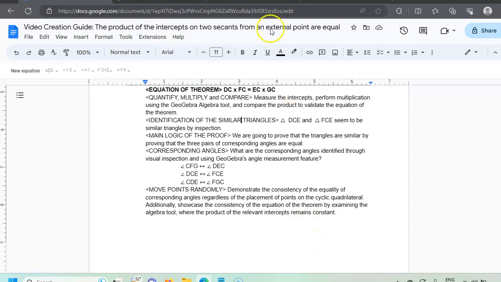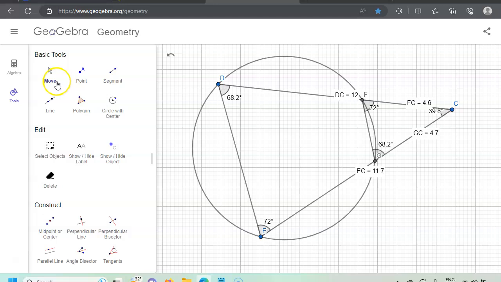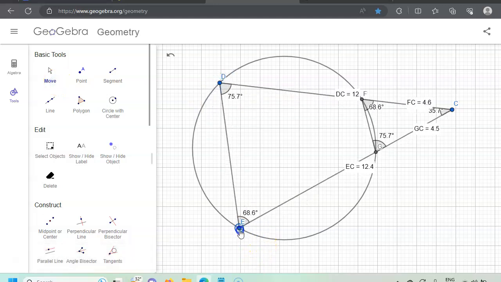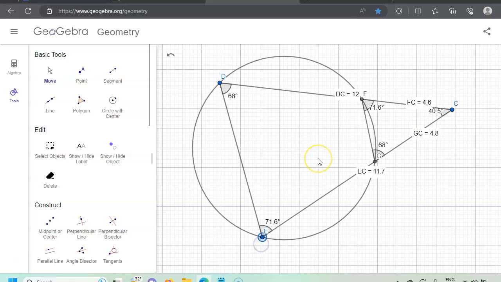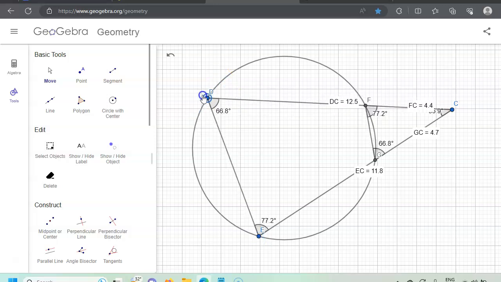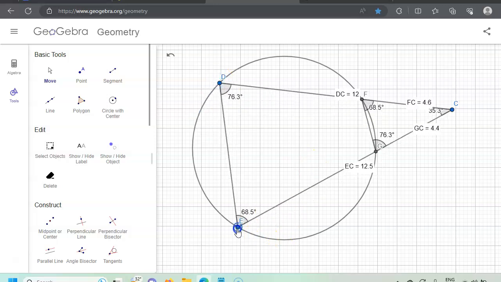Okay, now we are gonna move the points, just to show to our friends and to our teacher that the equality of the corresponding angles remains the same. It's still the same wherever the points of the 2 secants will be positioned.